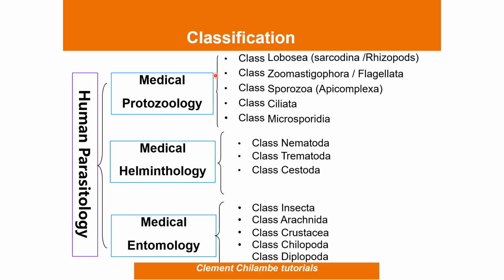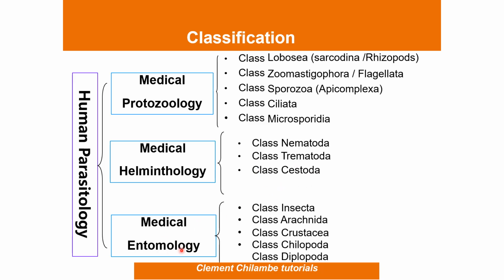In medical protozoology, we have these classes here: the class Lobosea, which includes the Sarcodina, then the class Zoomastigophora or Flagellata, then the class Sporozoa, which is actually the Apicomplexa, then the class Ciliata, and the class Microsporidia. Under medical helminthology, we have class Nematoda, class Trematoda, and class Cestoda.